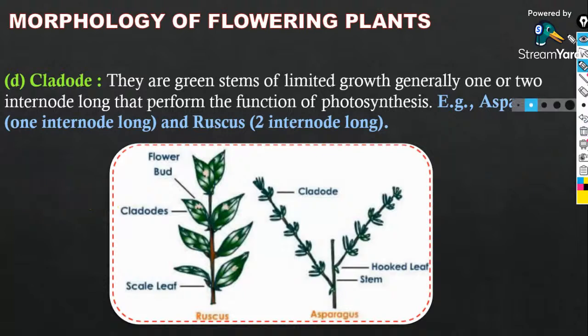Can we move with the next part of the chapter? What is the function of Phylloclade, guys? Tell me. Absolutely. Photosynthesis is the function of Phylloclade. It helps in photosynthesis. It is a photosynthetic stem.